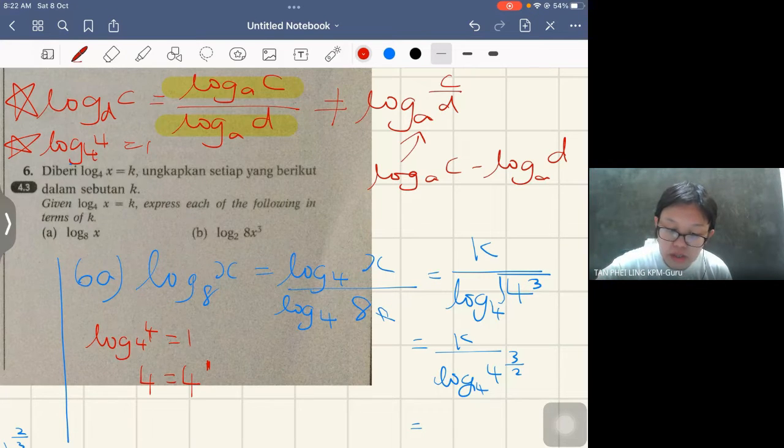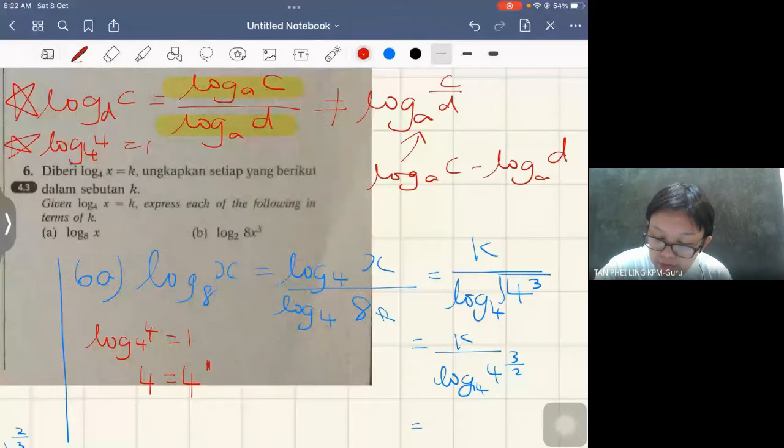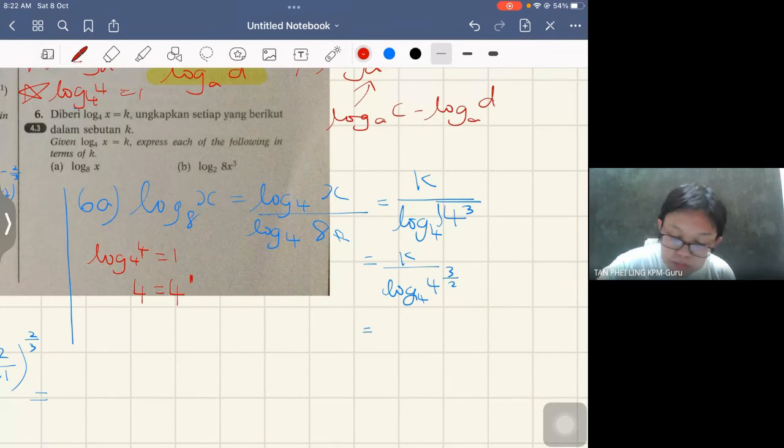Okay. So come back here. Then I'm going to have my k still continue. Okay, then over, I have my log 4 base 4 done. So my 3 power 2, it's a number here, right? Because I can bring it to the front. Okay, let me do one more step in case you cannot follow.